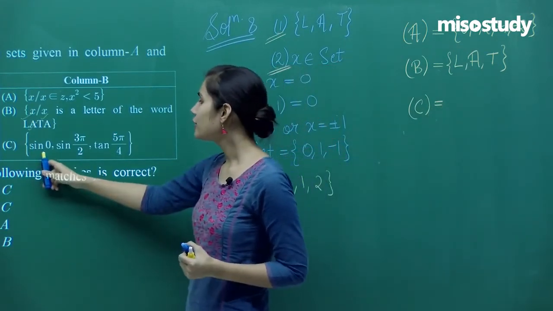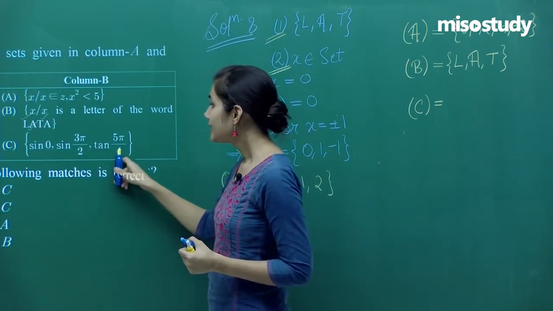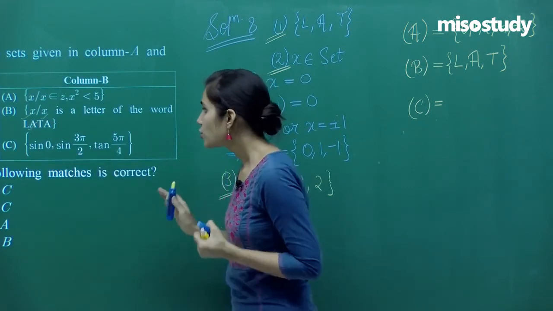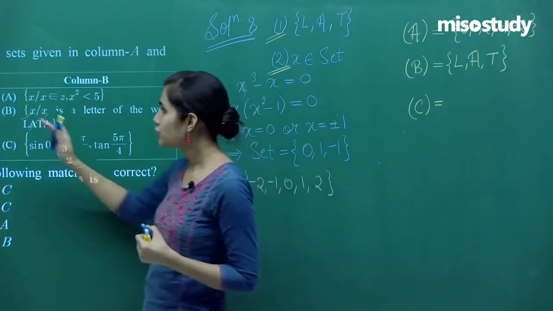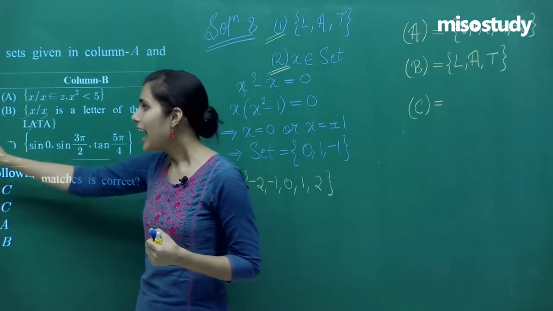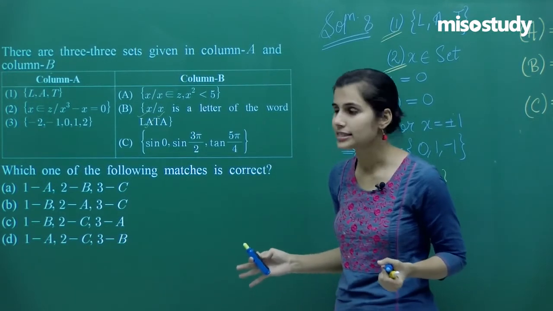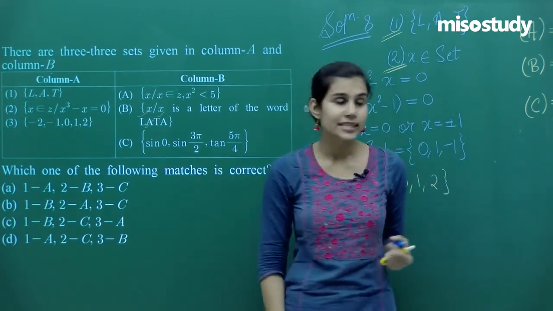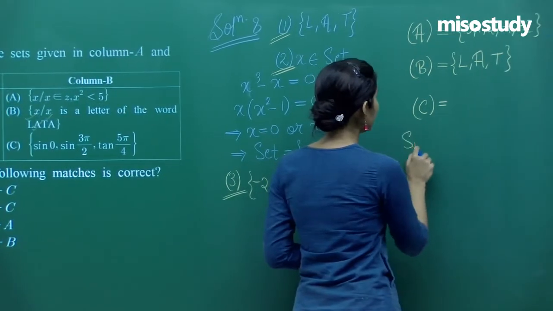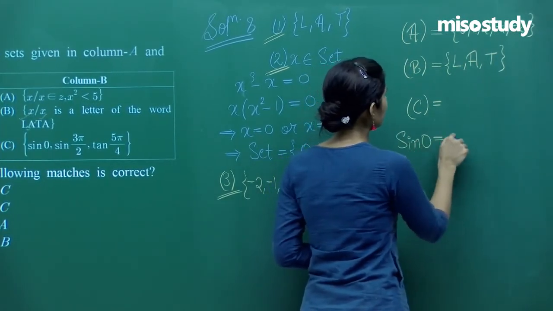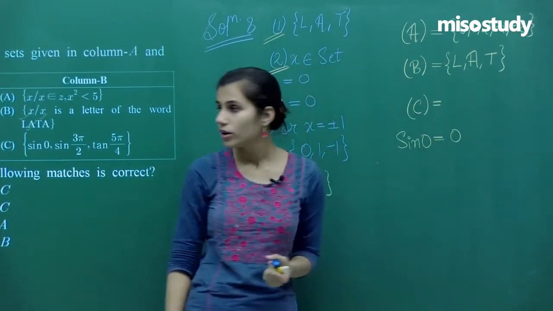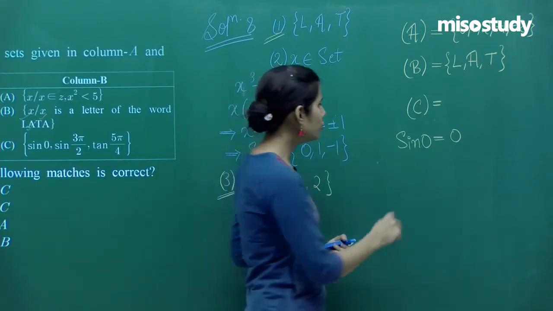Now I am on my journey to see what the set C is. It is sine 0, sine 3 pi by 2, tan 5 pi by 4. So, in order to get this matched somewhere in column A, I want not these values but some integral values at least. You all know what is sine 0. Sine 0 is 0. What is sine 3 pi by 2?